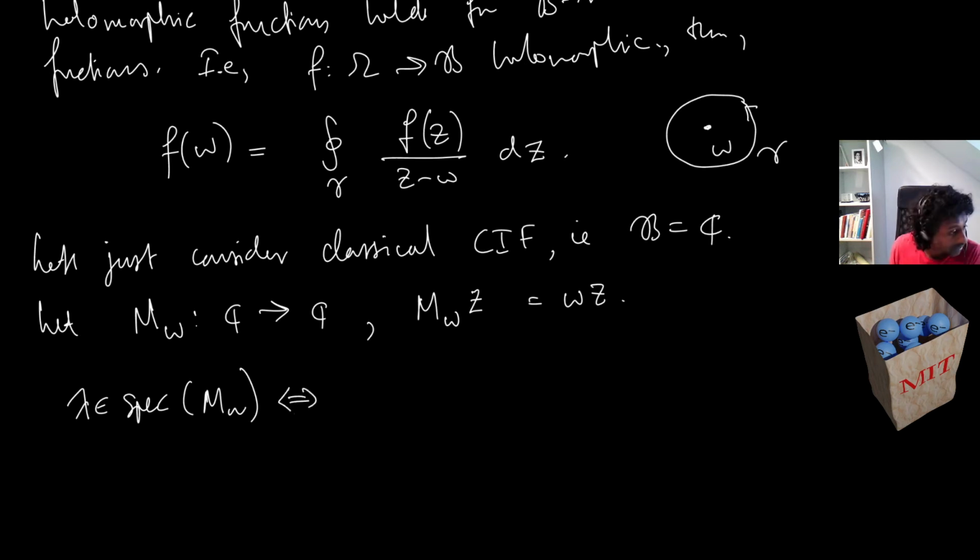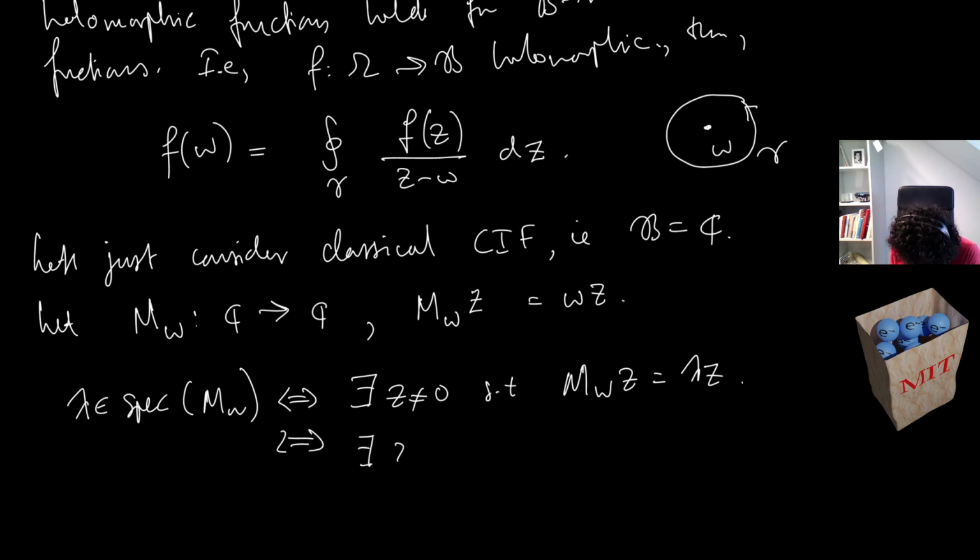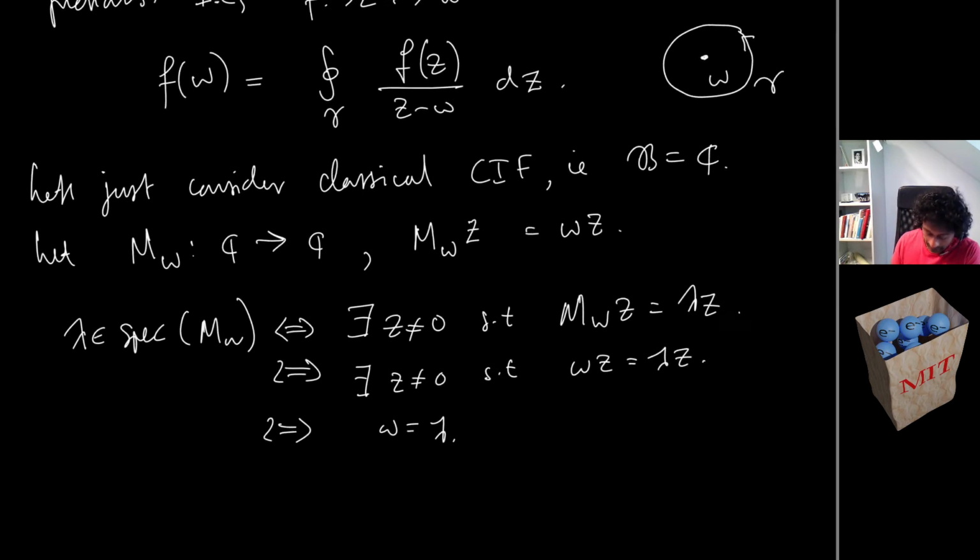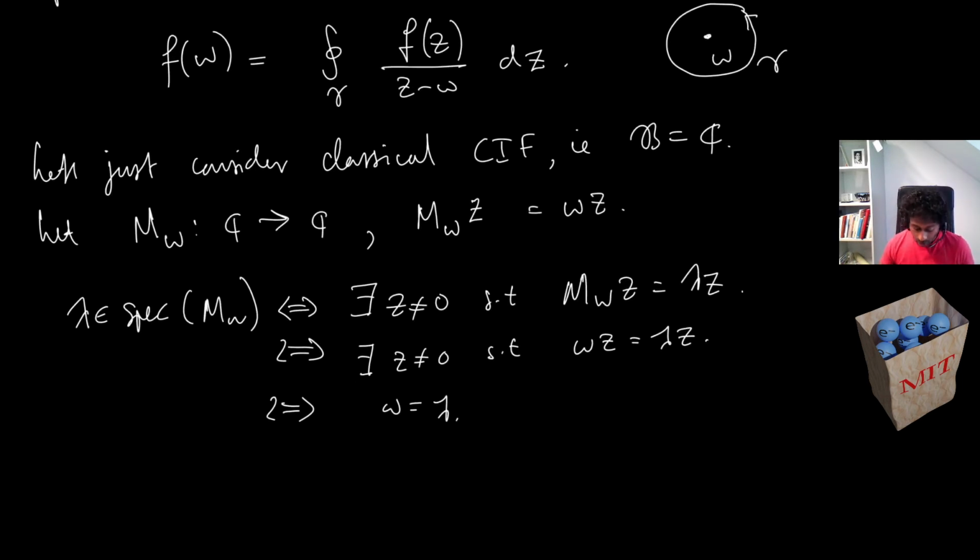So this happens if and only if there exists a non-zero z such that M_ω z equals λ z, and that's if and only if ωz is equal to λz, and this is if and only if ω is equal to λ. So the spectrum purely just consists of the point ω.